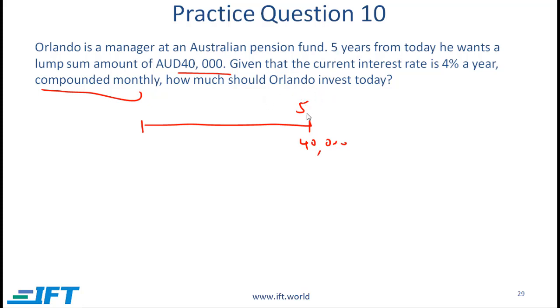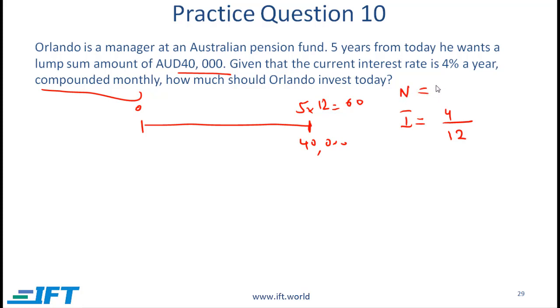So in terms of number of periods, we have at this point 5 into 12, which is 60. Between time 0 and end of year 5, we have 60 periods, and the interest rate for each period is going to be 4% divided by 12. So in the calculator, we plug in 4 over 12 as the interest rate.